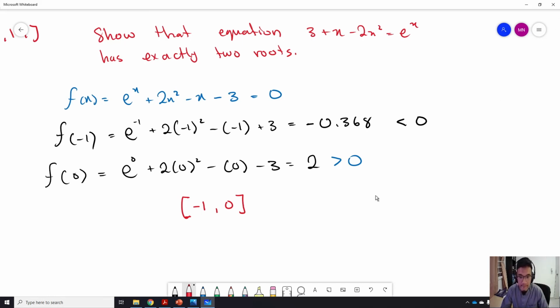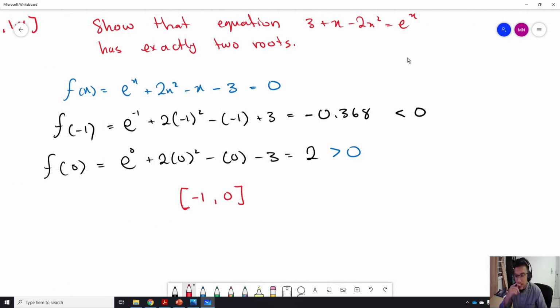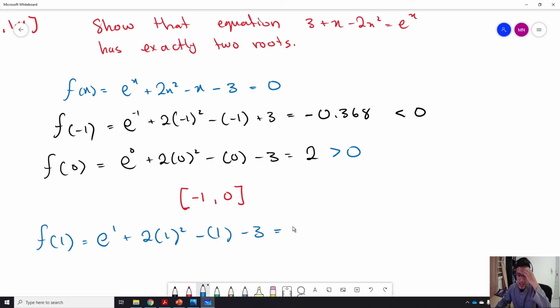Okay, so since the question mentioned that it has exactly two roots, we need to continue our search by substituting trial and error of f(1) equal to e power of 1 plus 2 times 1 square minus 1 minus 3. So then we have again 0.718, that is bigger than 0.